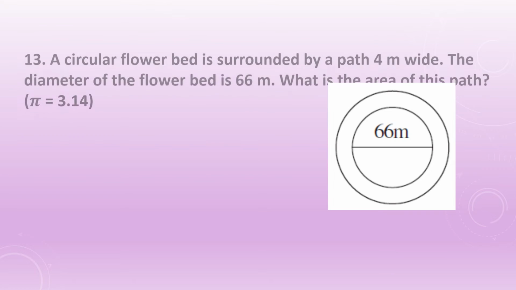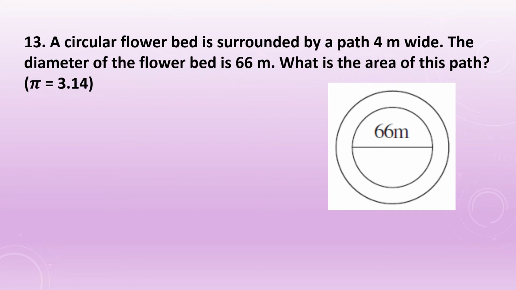Next, we move to question number 13. A circular flower bed is surrounded by a path 4 meter wide. The diameter of the flower bed is 66 meter. What is the area of this path?